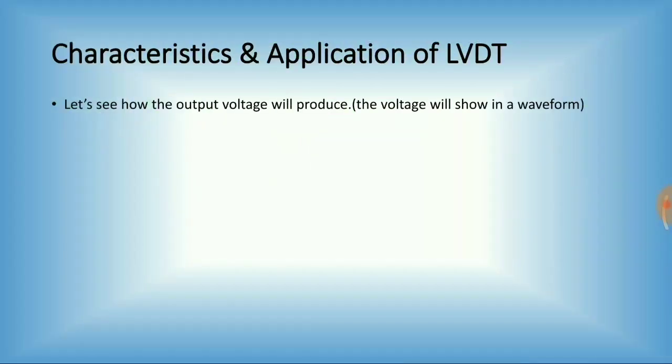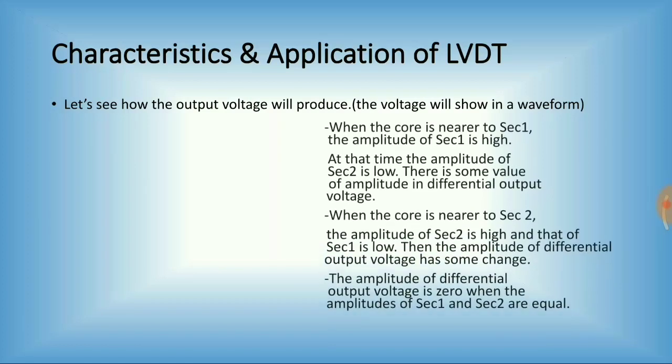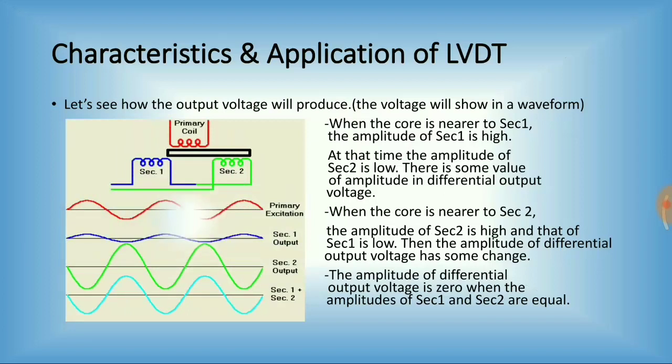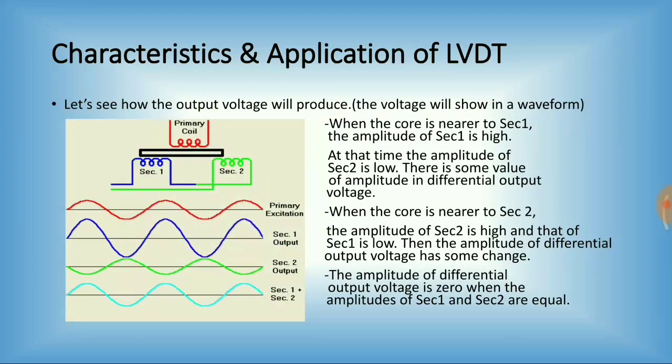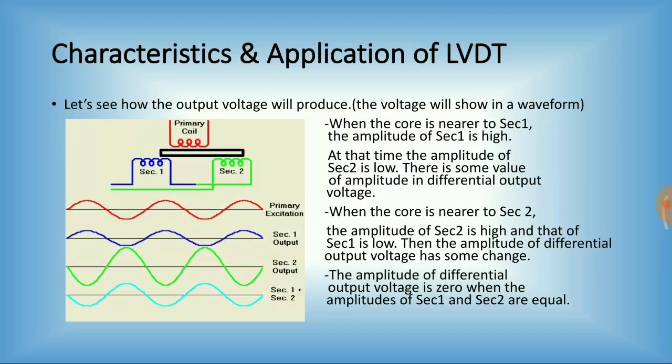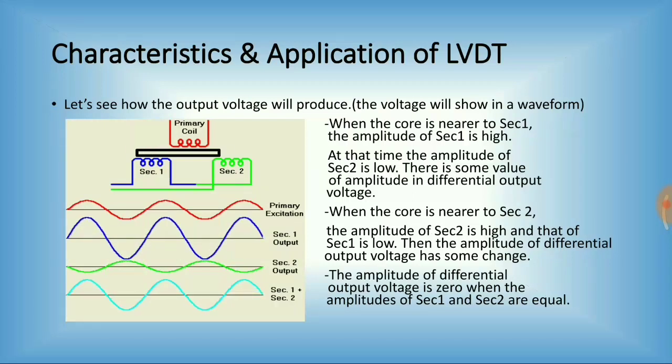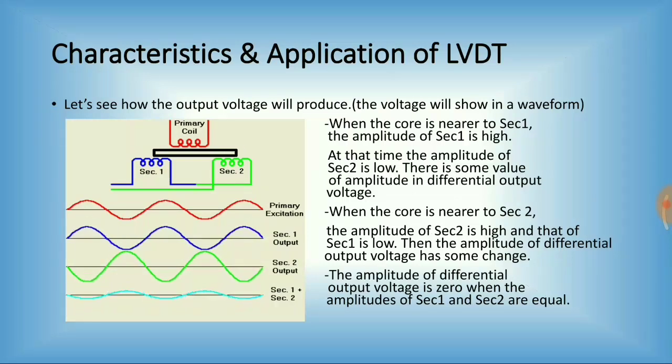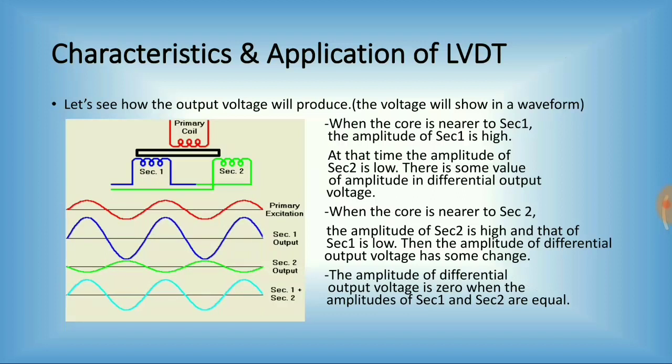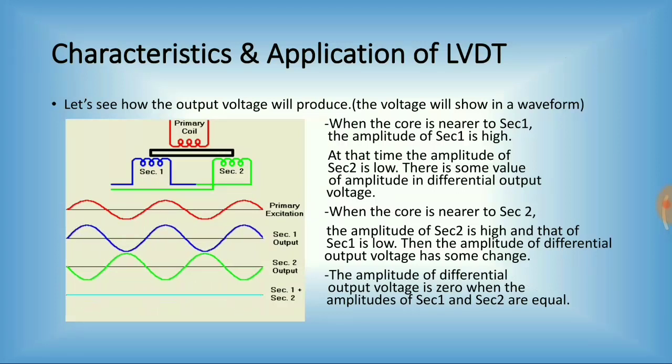Now, let's see how the output voltage is produced. The output voltage will be shown in this picture as an amplitude. When the core is nearer to S1, the amplitude of S1 is high. At that time, the amplitude of S2 is low, and there is some value of amplitude in the differential output voltage.